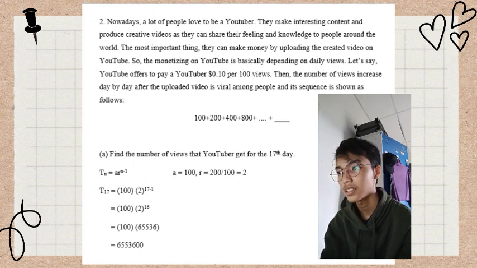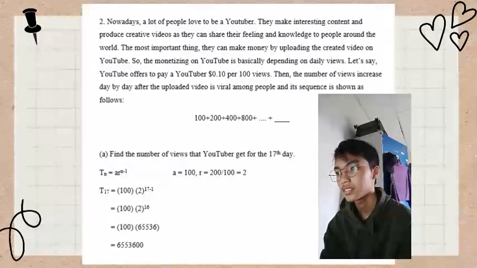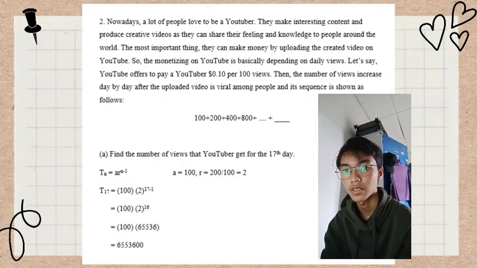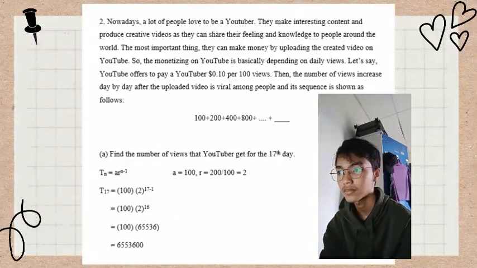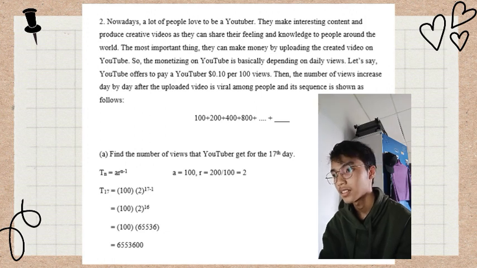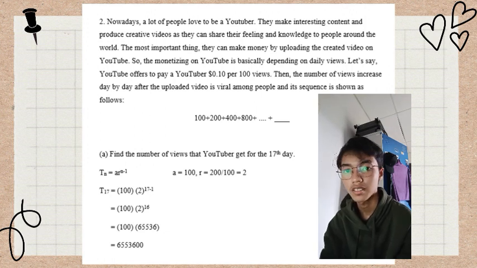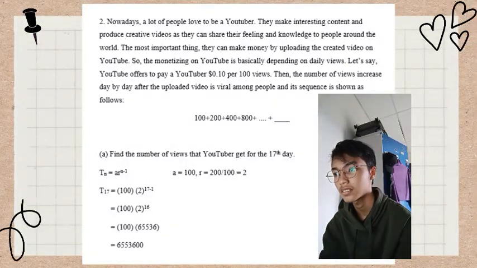So the formula is Tn equal to a r to the power n minus 1. So T17, because we want to find the total views at day 17. 100 is a and 2 is r. 16 is 17 minus 1. So we calculate all that and we got the final answer, which is 6553600.